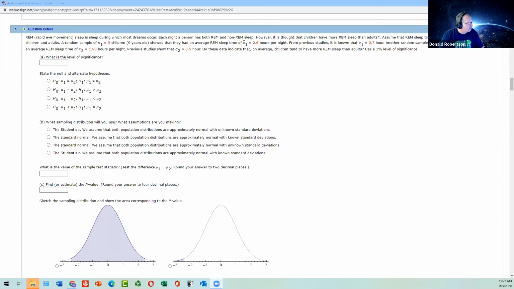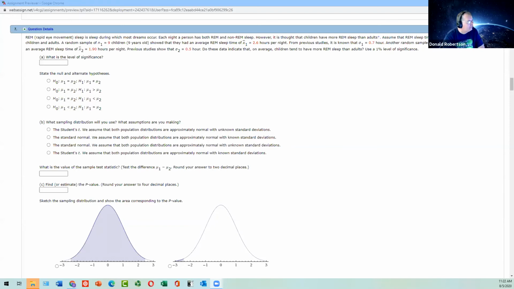So I'm just going to write down the key numbers here. I have to figure out in the story who is 1 and who is 2. Okay, 1 is kids, children, and 2 is going to be adults. In the kids world, they did 9 children. Well, that wasn't a lot. The average amount of hours where REM sleep was happening was 2.5, and the standard deviation sigma 1 ended up being 0.7.